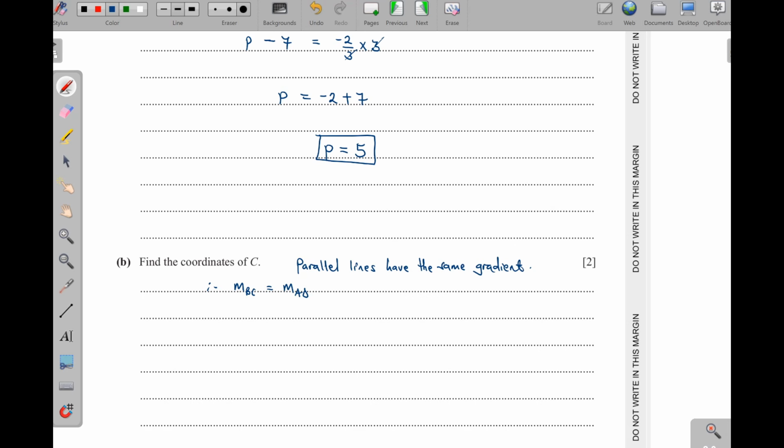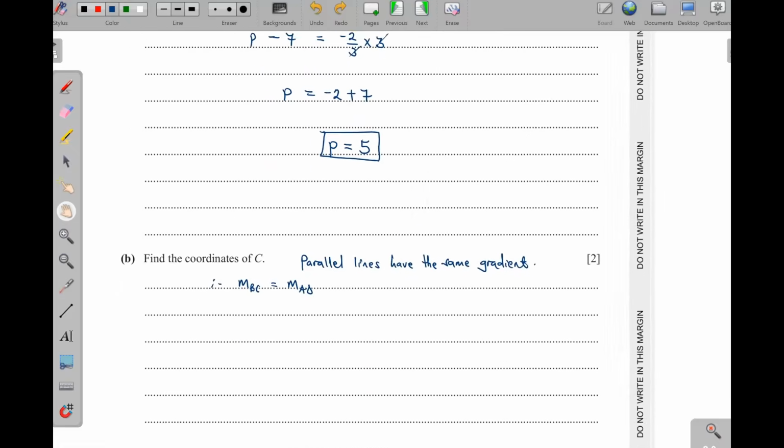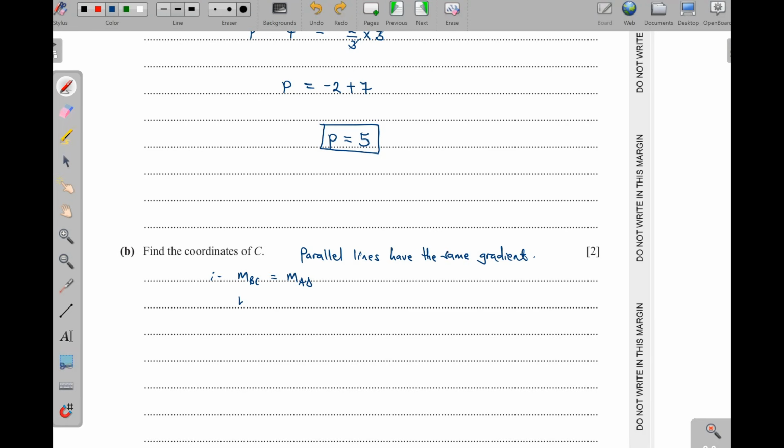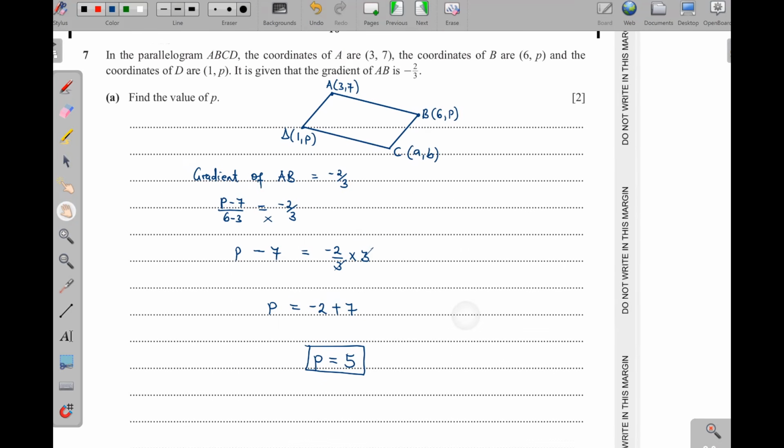Now, the gradient of BC, I can say b minus the p, so minus the 5, then over a minus the 6, right? So we have b minus 5 over a minus 6. Then gradient of AD, when we look at A and D, we shall have 5 minus 7, and then 1 minus 3.